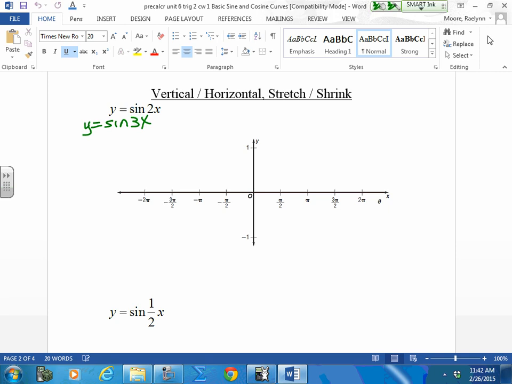Make a real fast grid. So, because my frequency is now 3, it says I need 3 complete curves, let's work degrees, in 360. How long is it going to take me to complete one curve in degrees?